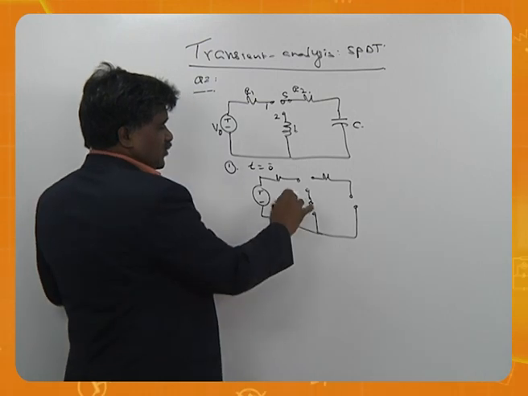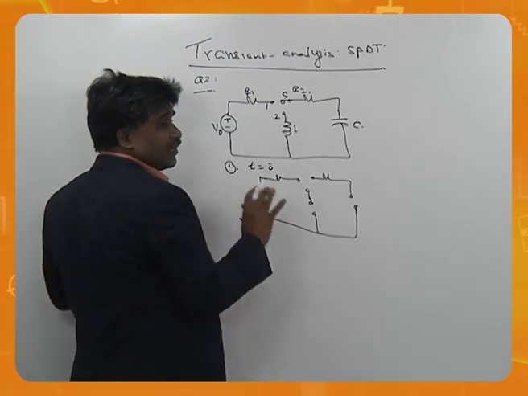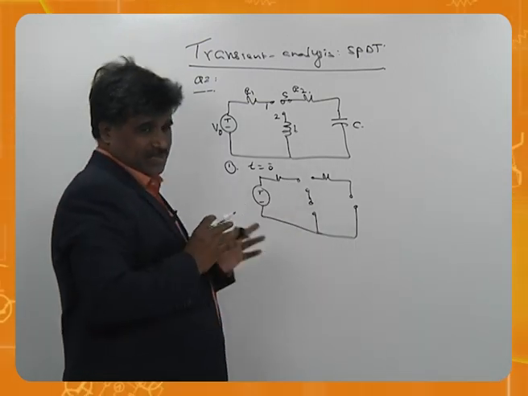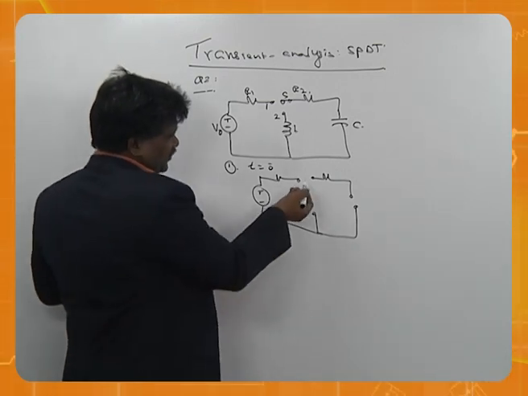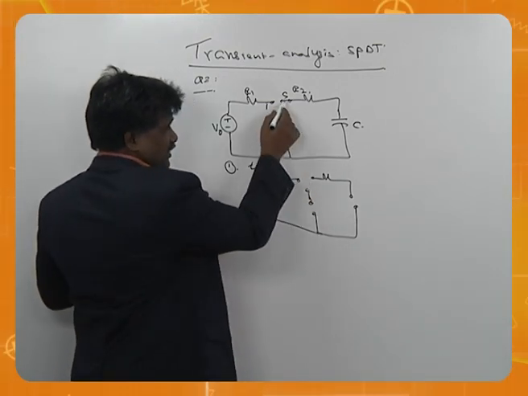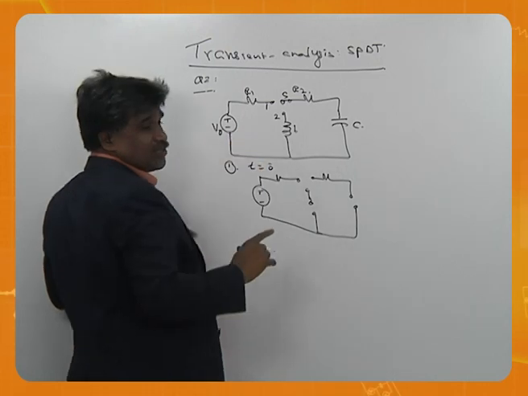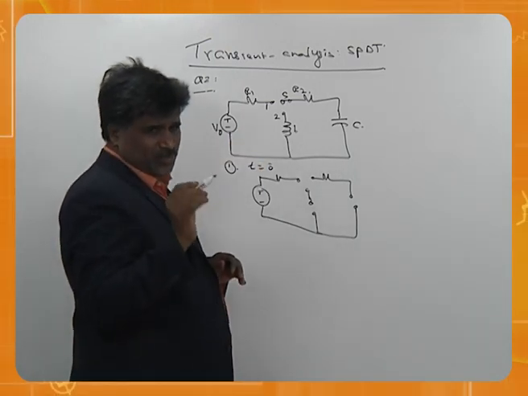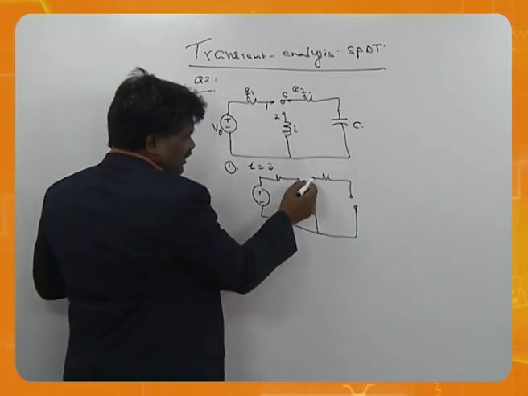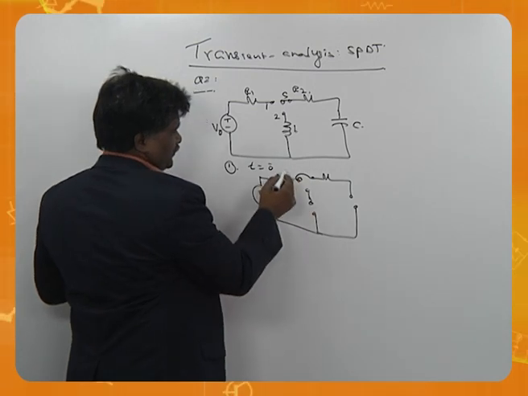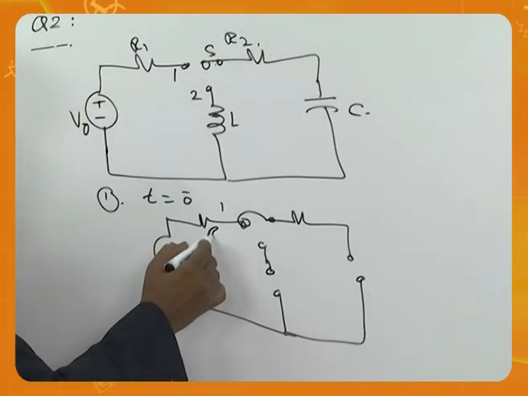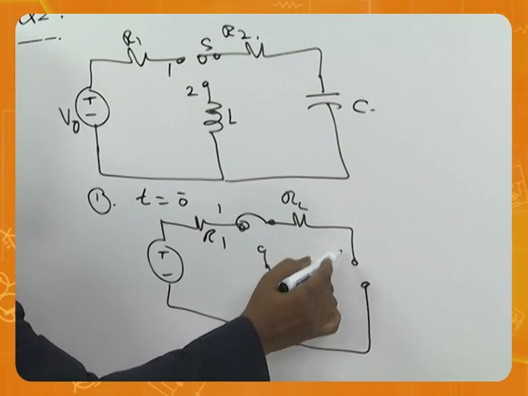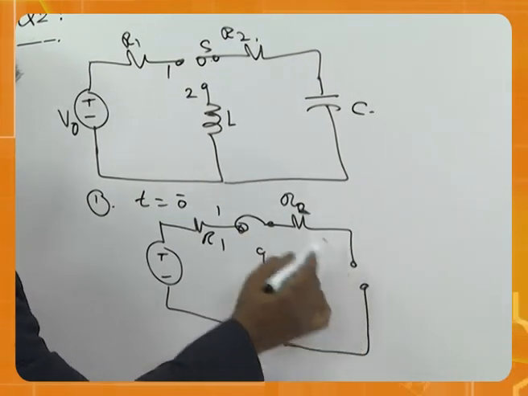We will make it an open circuit or short circuit depending upon our status. For example, always observe the switch, please. This switch is connected. What does the examiner say there? At position A for a long time. That means this switch was here. This is R1, this is R2, this is the capacitor.